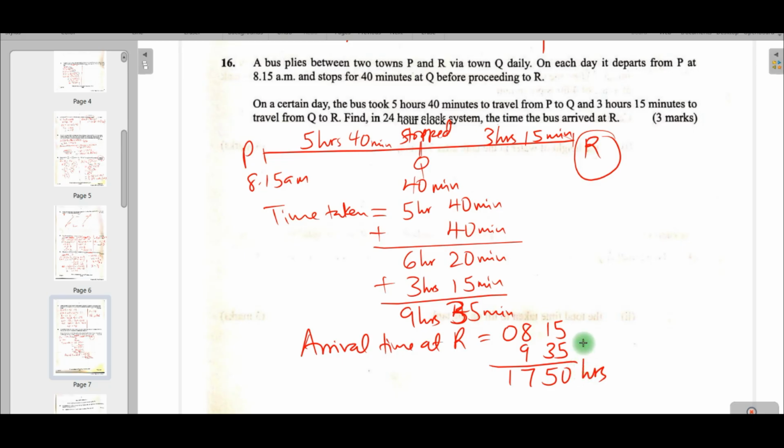That is the time it arrived. So you have to give the answer in 24 hours clock system, otherwise you'll miss that mark for instruction.